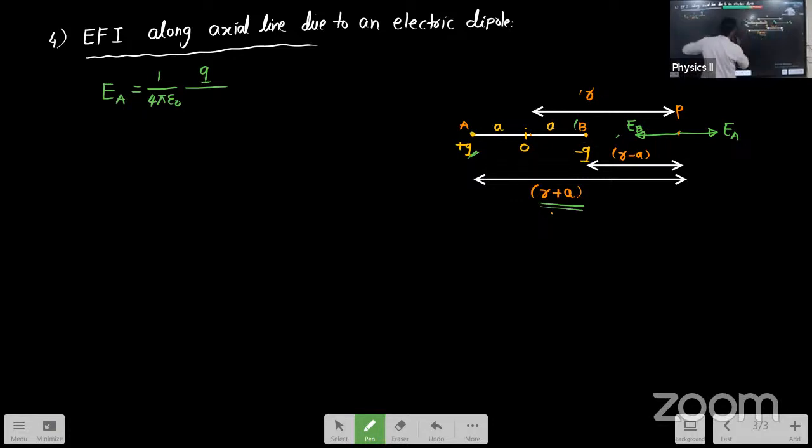It is r plus a. So this will become r plus a whole square. Okay. Next I am writing electric field intensity due to charge at point B. Which type of charge is there? Negative charge. And what is the distance from point B to point P? It is r minus a. So what will be the electric field intensity here?